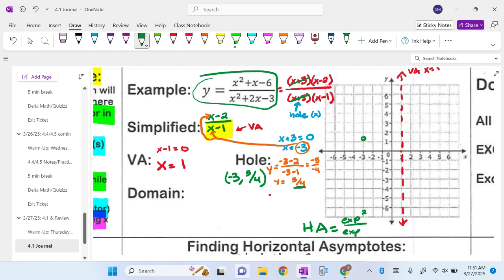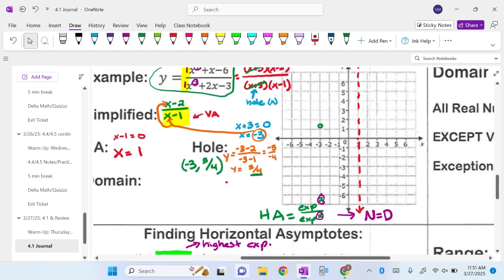2. So the degrees are what? If the degree is 2 here and 2 here, that means they are the same. So in this case, my numerator equals my denominator. So I take my leading coefficients, the numbers in front of these exponents, which in this case are both 1, and put them over each other. That's my horizontal asymptote.